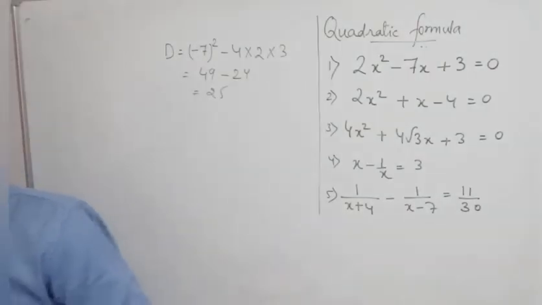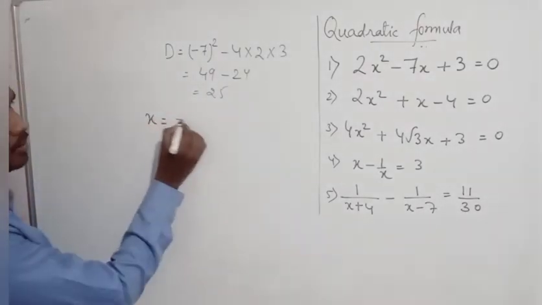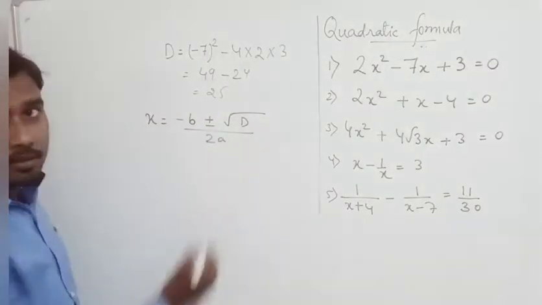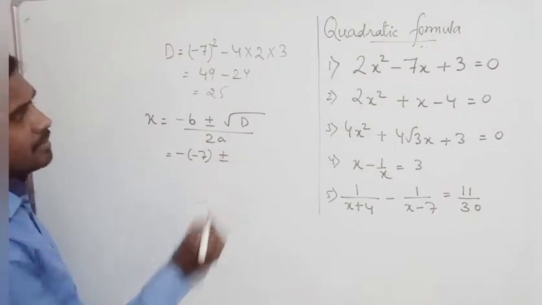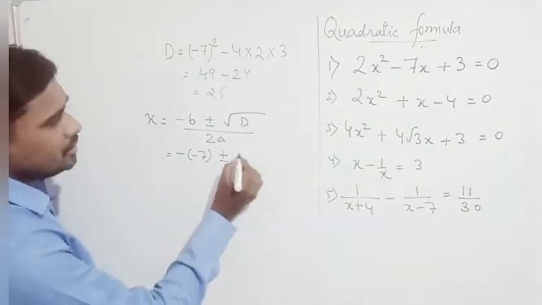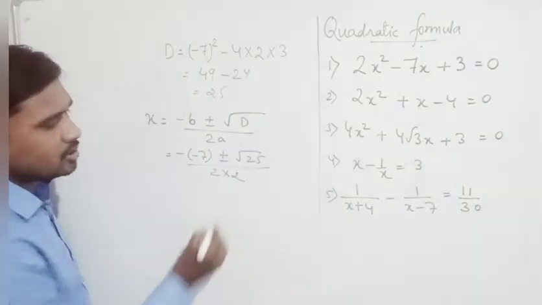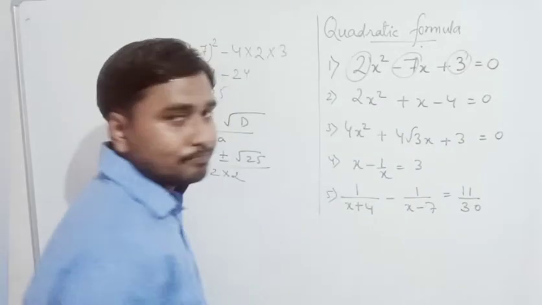So now we will apply the formula, that is x is equal to minus b plus minus root d by 2a. So minus b, so minus minus 7 plus minus, what is d? d is 25, then 2 into what is a? a is 2, because this part is a, this part is b, and this part is c.